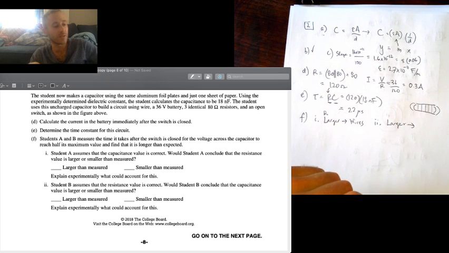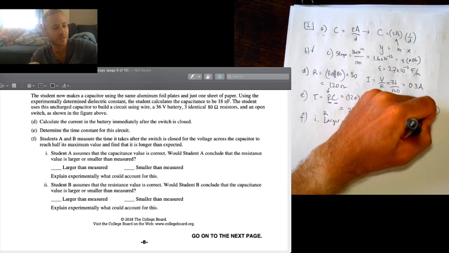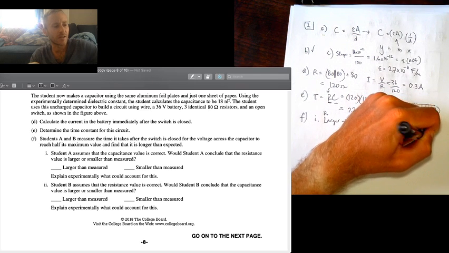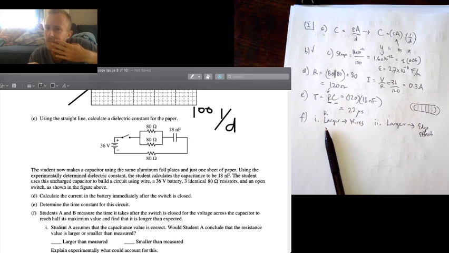That would have the effect of increasing the capacitance. So I'm going to say edge effect. That's the only thing that's jumping out at me.